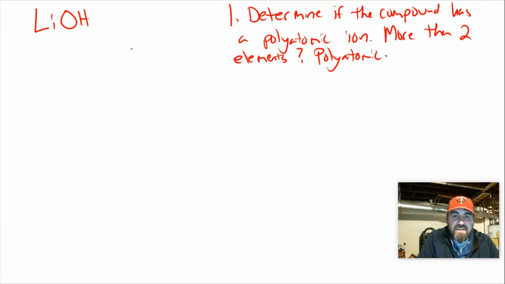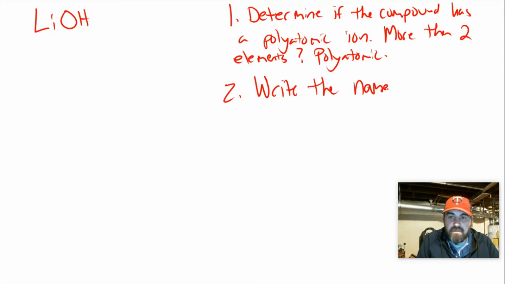All right. Step 2. Write the name of the cation. You're writing this down, right? You're not just sitting there like a lump. You're writing these things down as I'm saying them, because if you're not writing them down, you're not really learning anything.